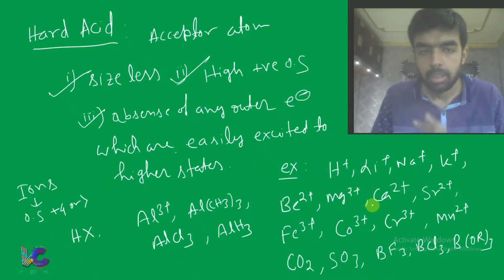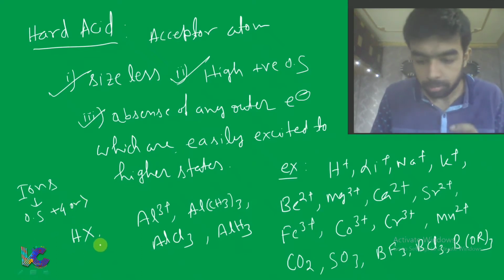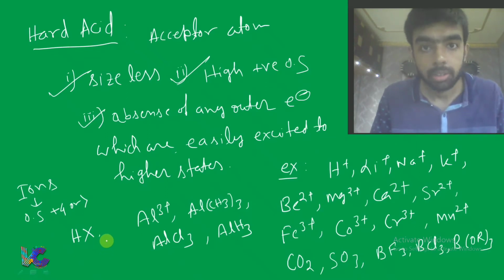This I have written down for you. And the ions which have an oxidation state of 4 or greater can be classified as hard acid. And also HX, that means hydrogen bonded molecules, are also under the category of hard acid.